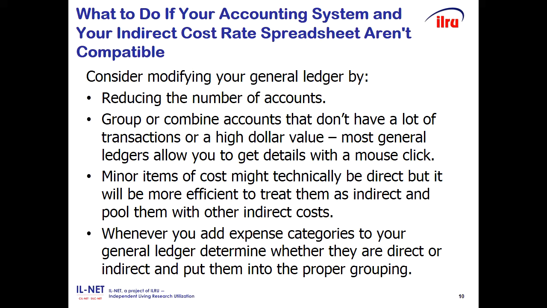Examples would be things like phone and photocopying and office supplies that you might, in another day, have divided out and made everybody sign up for everything with their own little sub-account. And now you find, oh, it doesn't make sense. We ought to just put all our phone as an indirect cost and share it back out based on our formula rather than have people do it another way.